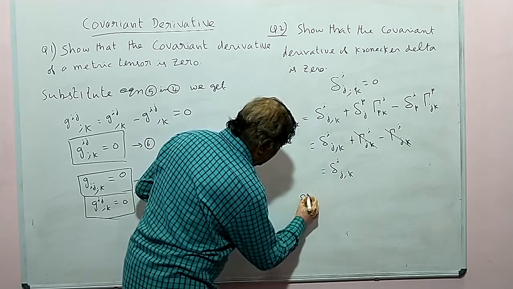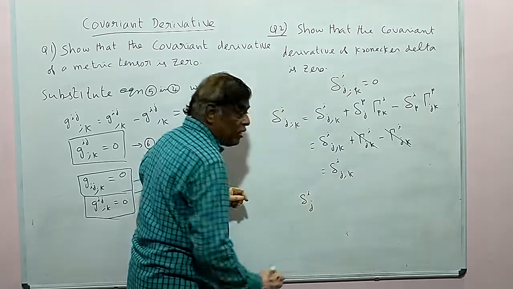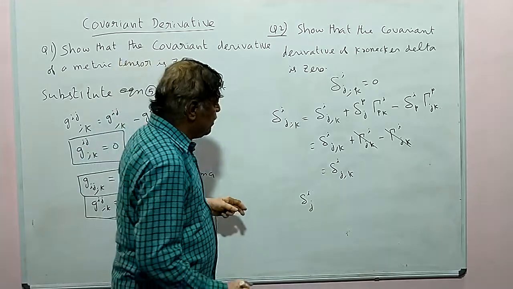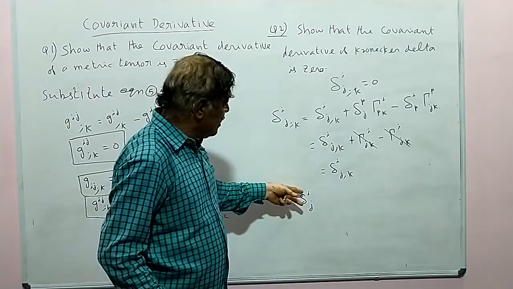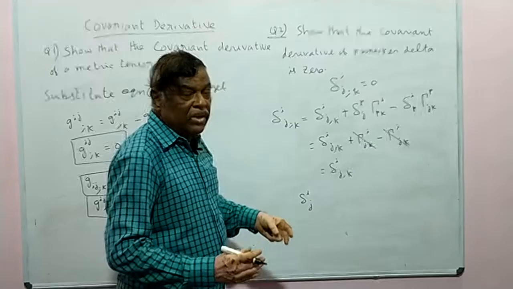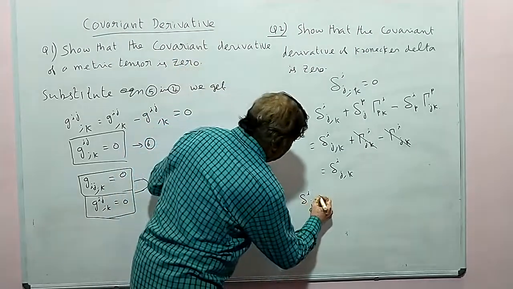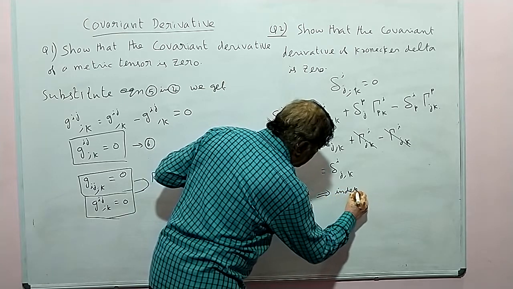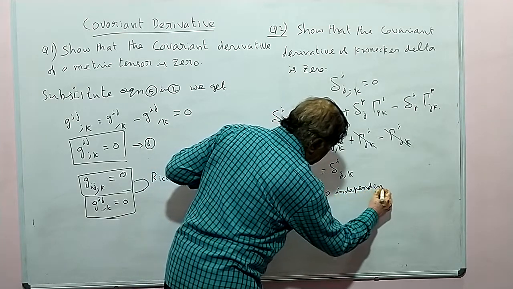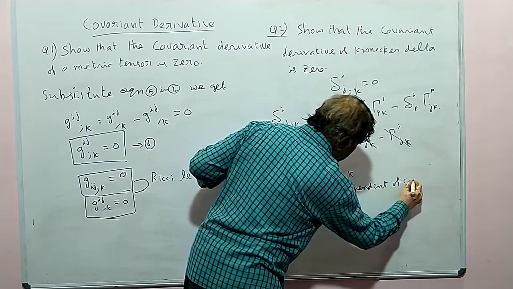But what is delta ij? It's a Kronecker delta. This is independent of coordinates. When you put index i, j, various values of index, these values are independent of coordinates.